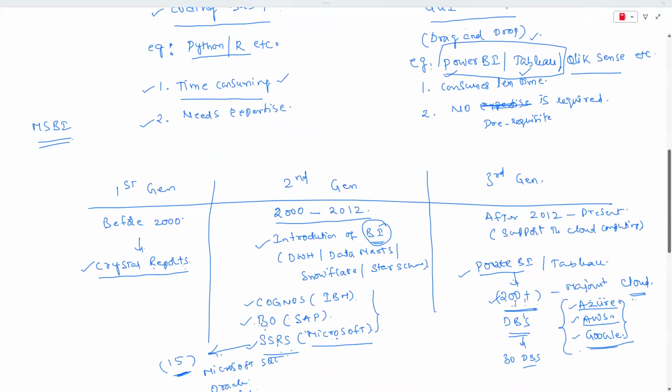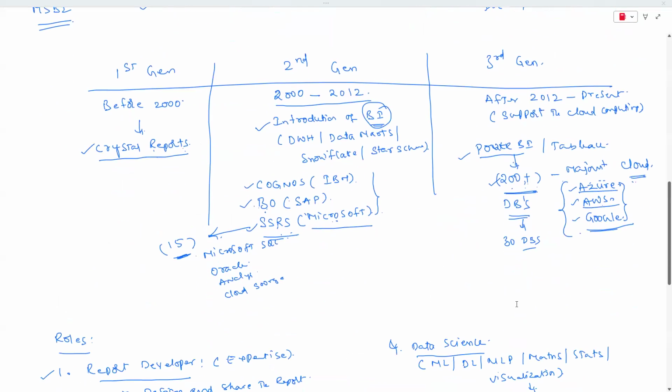And just a quick review of how data visualization software came into the picture. The first generation reporting tools, before 2000, we used to have Crystal Reports. After 2000, the second generation reporting tools came, due to the introduction of business intelligence, BI.